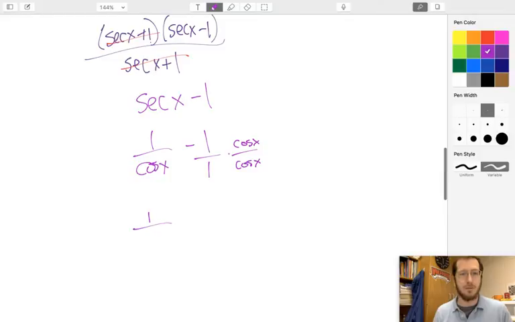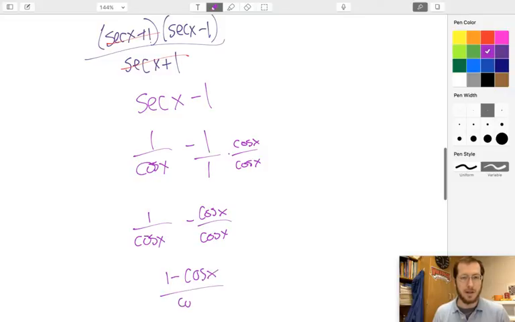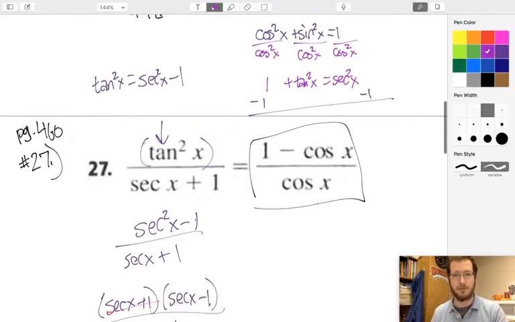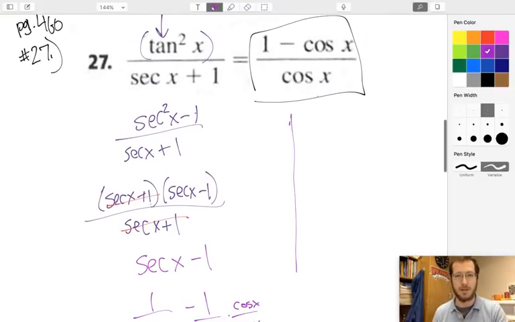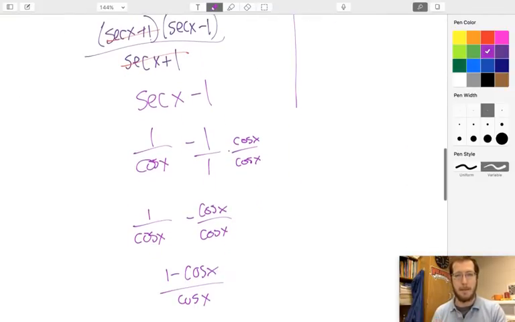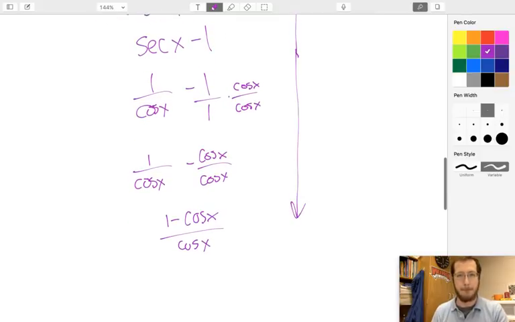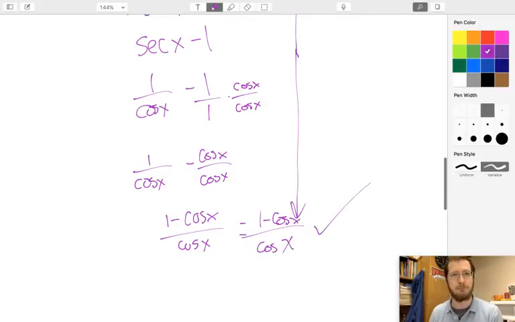So that's going to give us 1 over cosine of x minus cosine of x over cosine of x. All right, common denominator, combine them into 1, combine the tops, keep the denominator, and is that what we're looking for? Oh, yeah. Yep, that's what we're looking for. All right, so bring that down. And we're good. Got it.